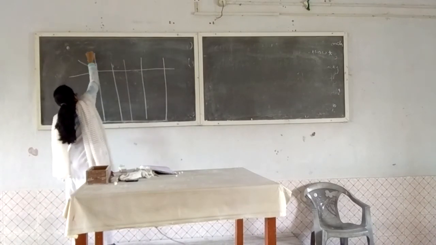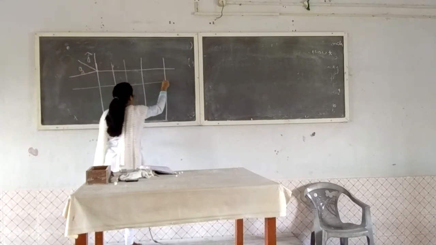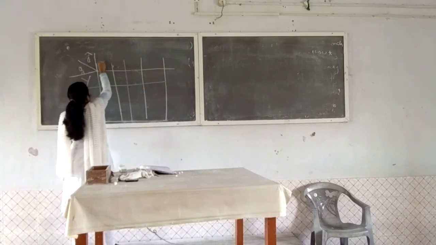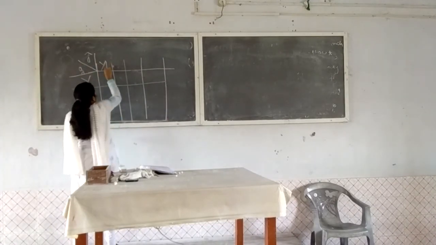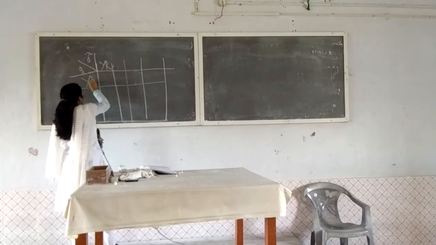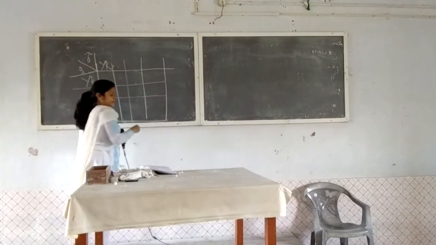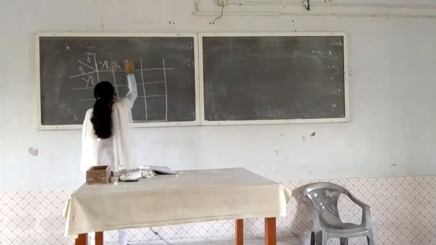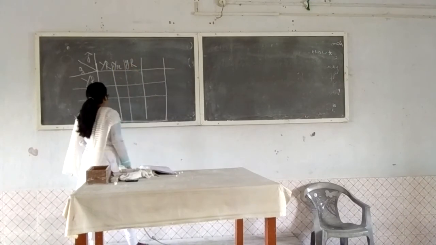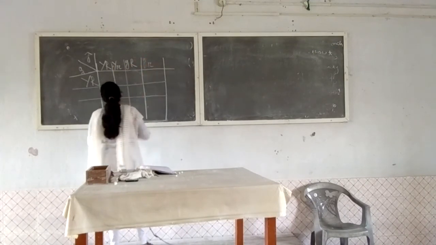This is the male plant, this is the female plant. Capital Y capital R, capital Y capital R. Then capital Y small r, small y capital R. Then small y small r.